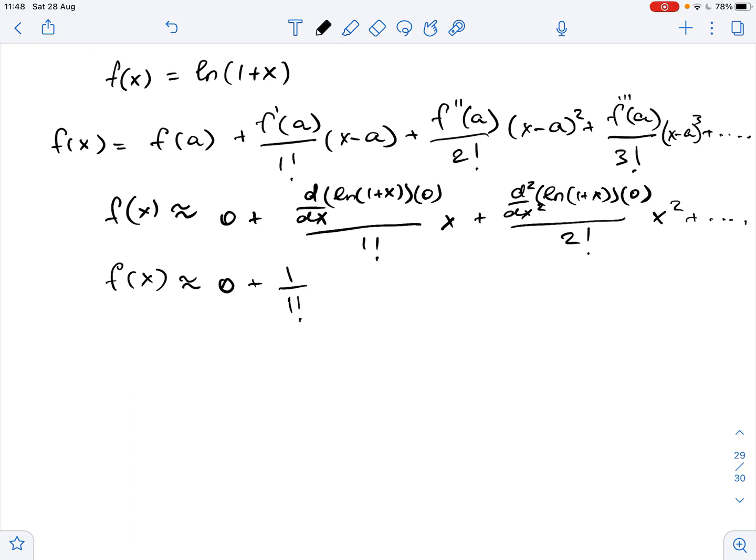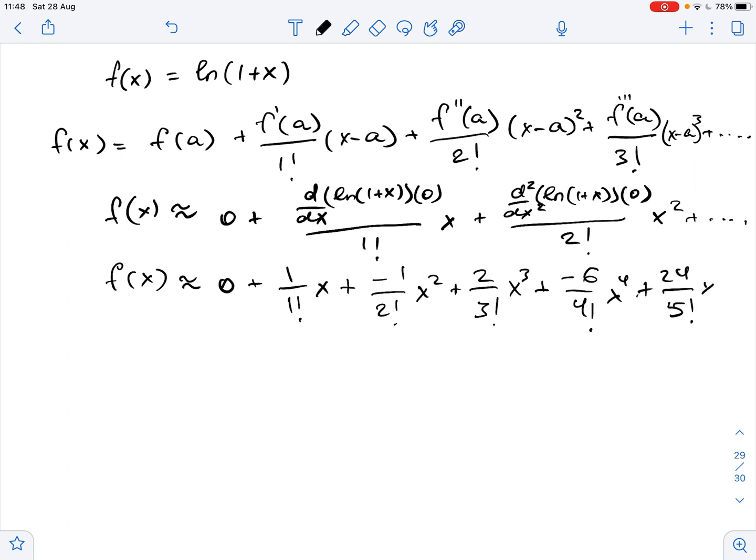Let's simplify it. We get that this equals 0 plus 1 over 1 factorial times x plus negative 1 over 2 factorial times x squared plus 2 over 3 factorial times x cubed plus negative 6 over 4 factorial times x to the fourth power plus 24 over 5 factorial times x to the fifth power, and so on.